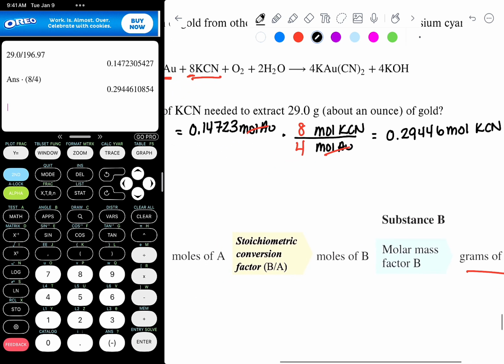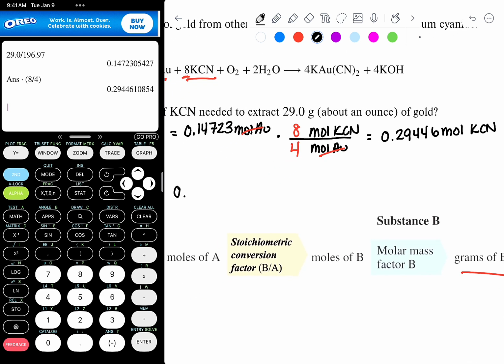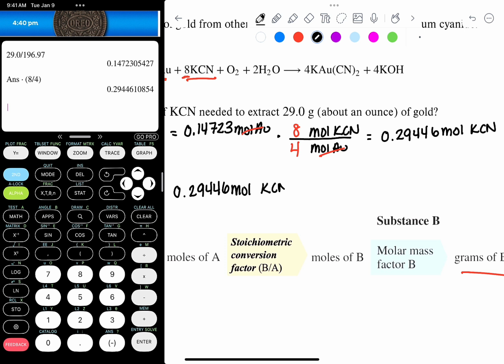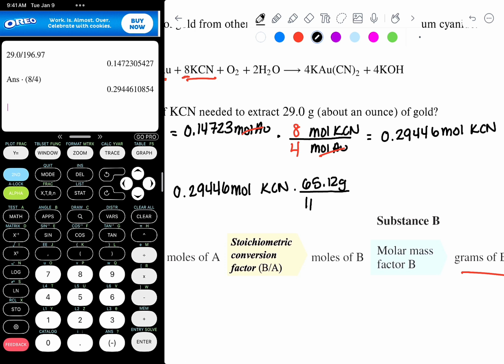Our last step is to then use the molar mass of KCN to convert it to grams. I'm just going to move down one line. 0.29446 moles KCN. The molar mass of KCN is 65.12 grams. Just check your periodic table to make sure you get that mass. And that's for every 1 mole of KCN.